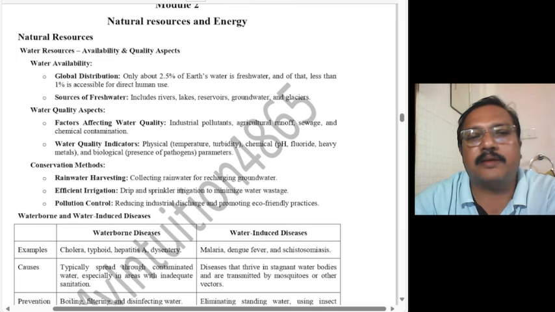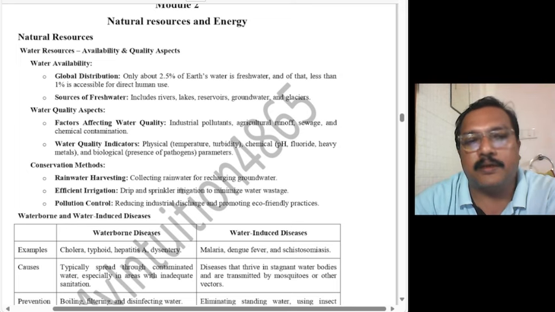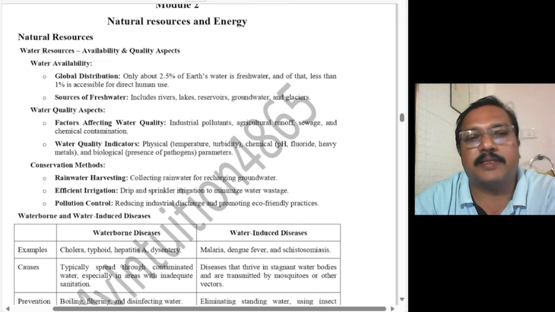Fresh water can come from various sources, which include rivers and lakes. Rivers and lakes are large water bodies which collect rainwater and provide water for drinking, agriculture, and other basic needs. Then reservoirs, which are man-made lakes which store water needed for the cities or communities living in that area.